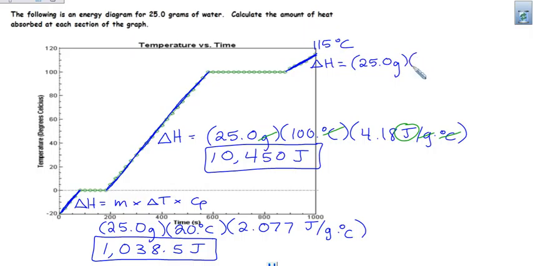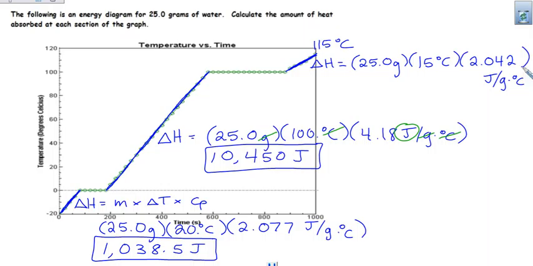Temperature change, final minus initial. So 115 minus 100. We'll say a 15-degree temperature change. And then specific heat, I can find on a chart. This is the gas phase, 2.042. And the unit is joule per gram degree Celsius.